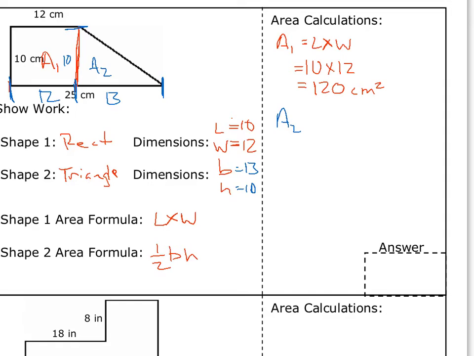So the area of the second shape, we're going to be using the equation 1/2 base times height. We said the base was 13 and the height was 10, which means we're looking for half of 130. Half of 130 is 65.